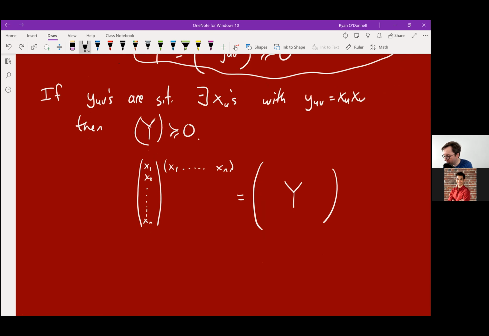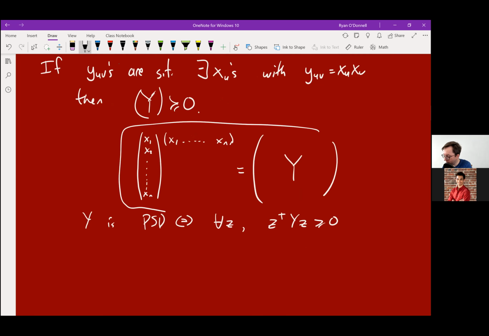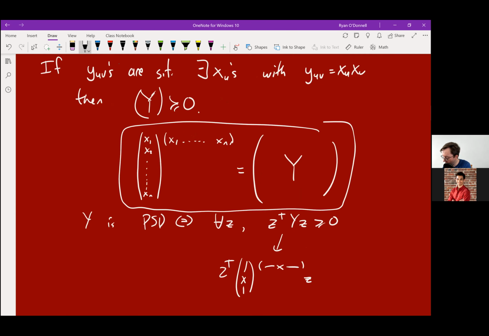Maybe the most standard way to phrase it is, Y is PSD if and only if, well, the most usual definition is that for all vectors z, z transpose Y z is greater than or equal to 0. If we have this equation, then for this particular Y, z transpose Y z equals z transpose X times X transpose z.